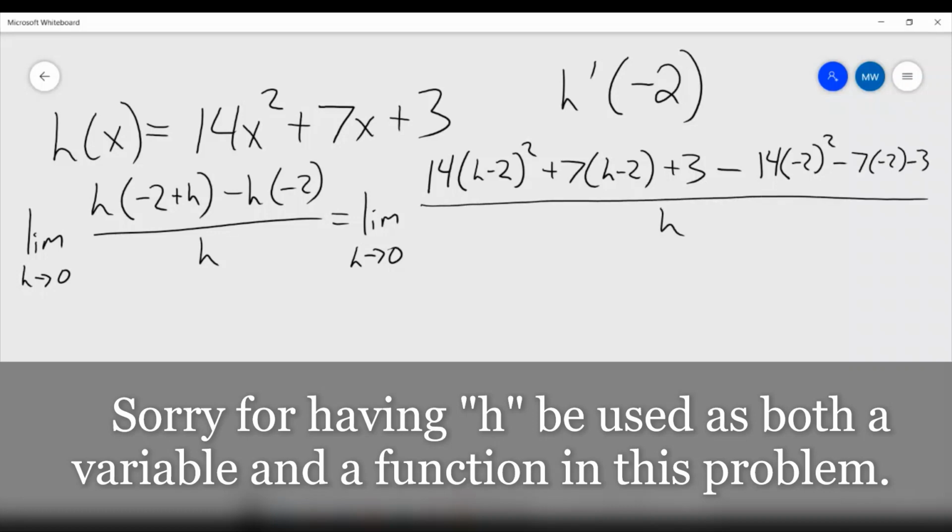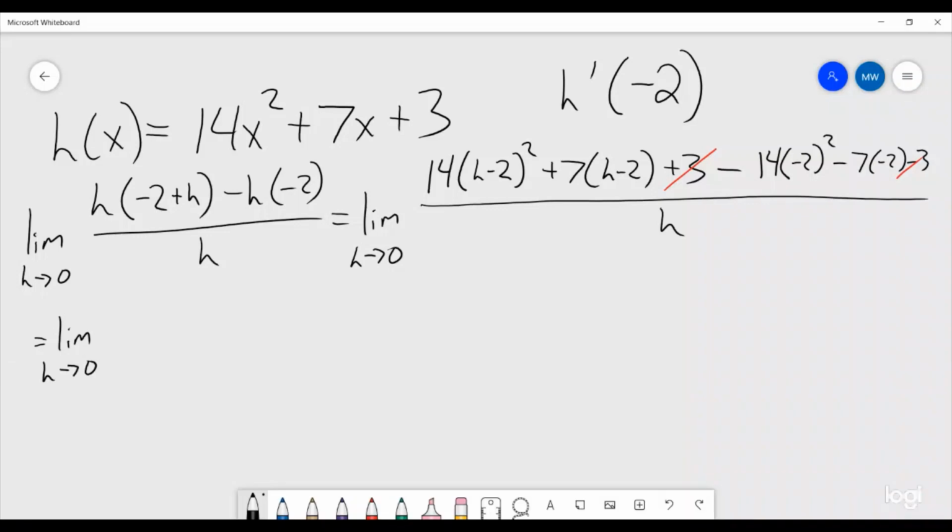Well, the plus 3 and the minus 3, those can cancel straight away. And we are left with the limit as h goes to 0 of 14 times h minus 2 squared. That becomes h squared minus 4h plus 4, plus 7h minus 14.